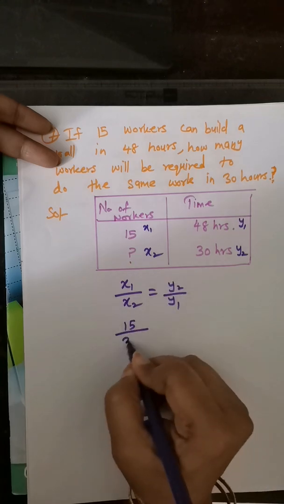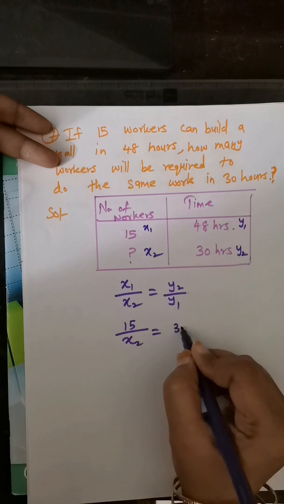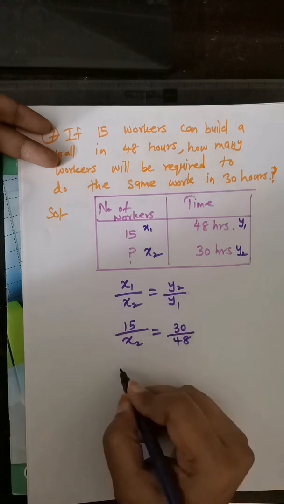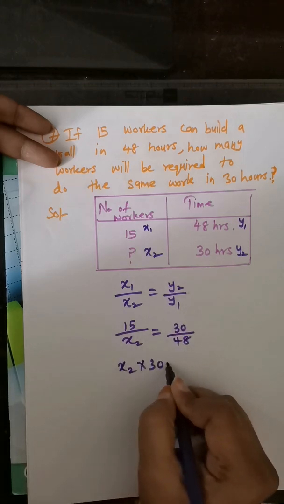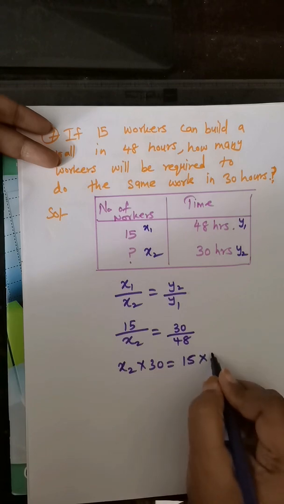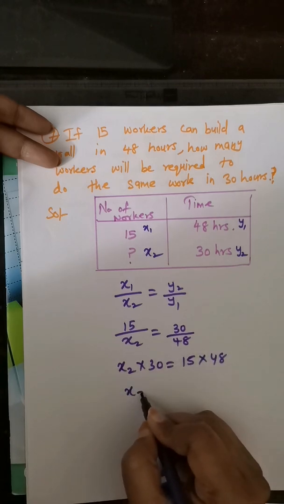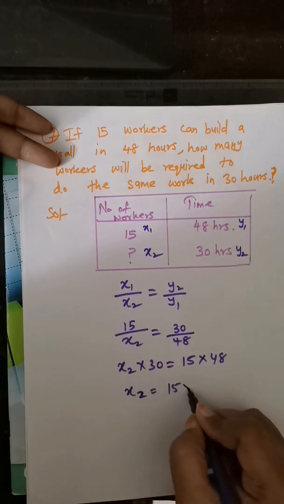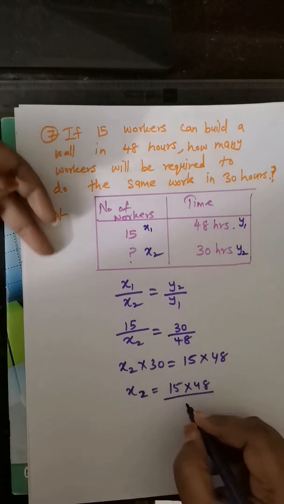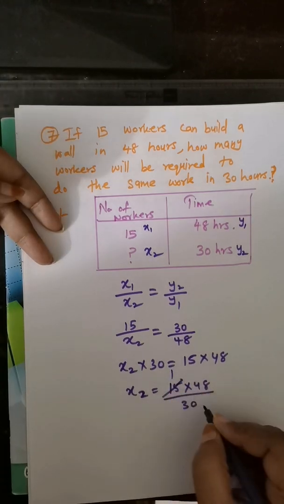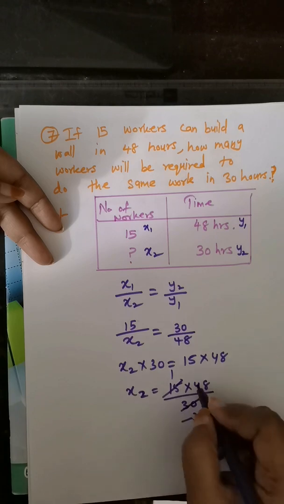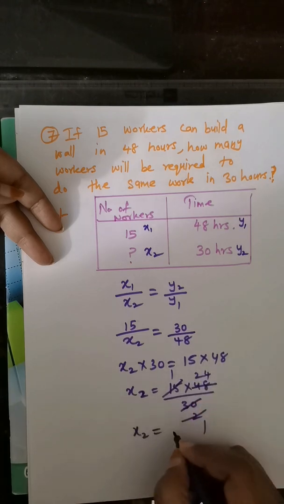That is 15 by x2 is equal to 30 by 48. x2 into 30 is equal to 15 into 48. x2 is equal to 15 into 48 by 30. 15 ones are 15, 2 twos are 4, 2 fours are 8. So x2 is equal to 24.